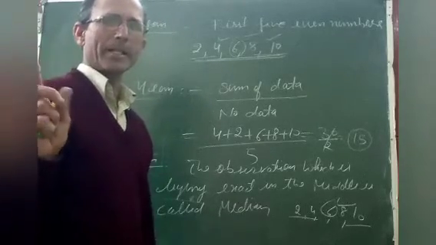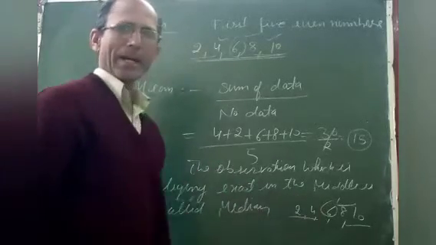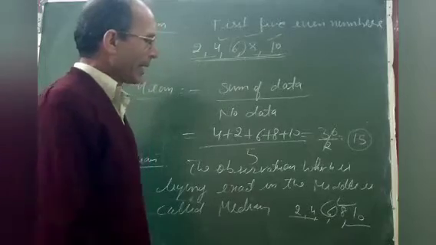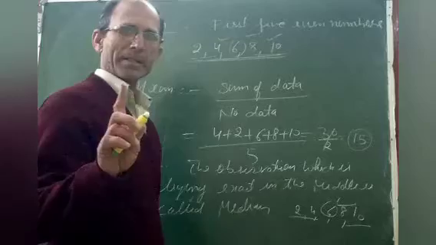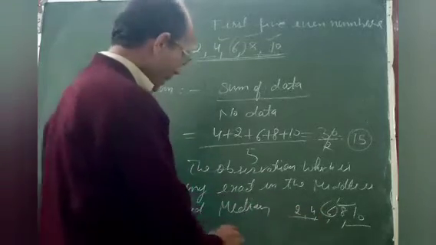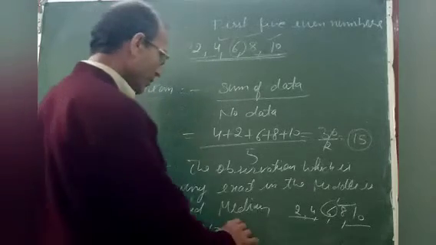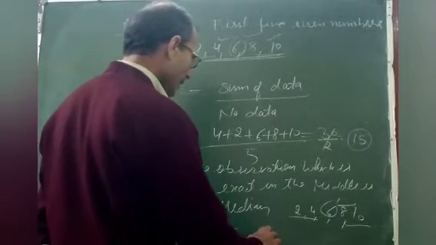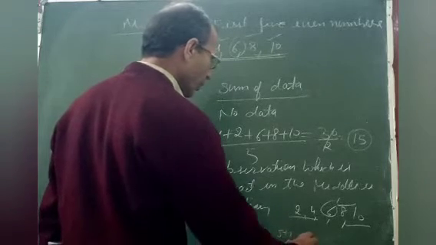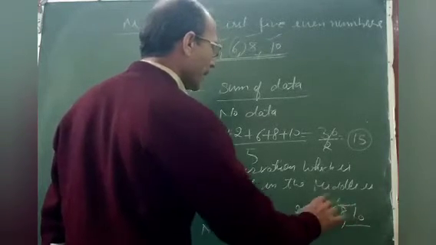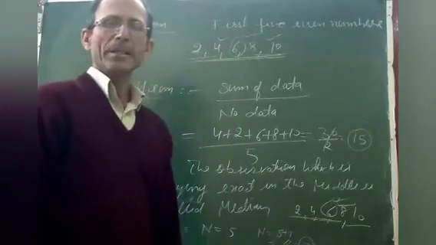I arrange them in ascending order: 2, 4, 6, 8, 10. Now count the observations. How many are there? 5. So n stands for the number of observations. So n is equal to 5, plus 1 is 6, divided by 2. So the third will be the median. First, second, third. This is the median.